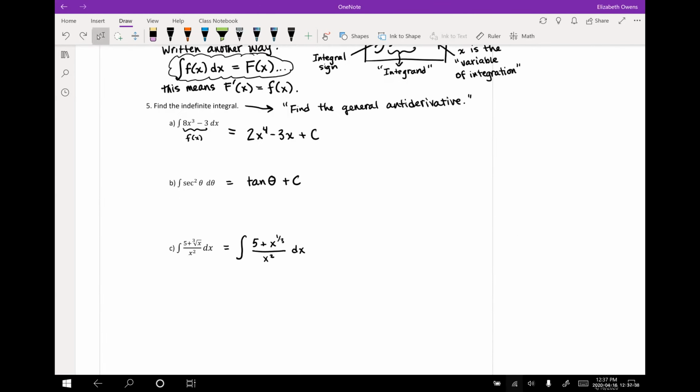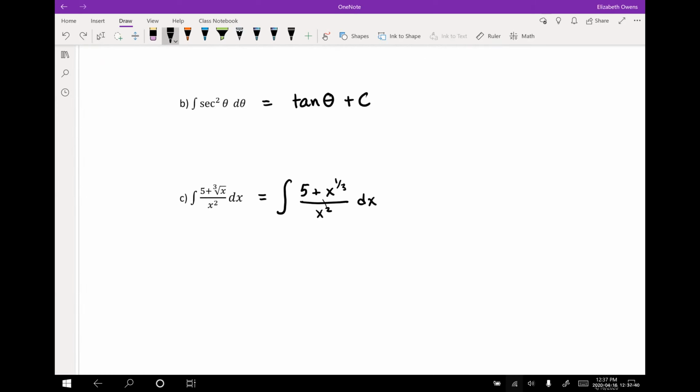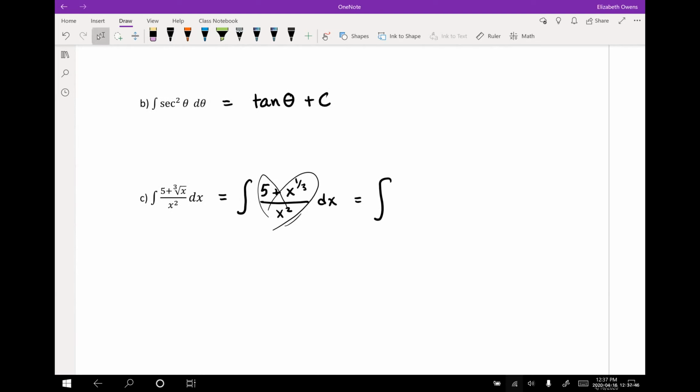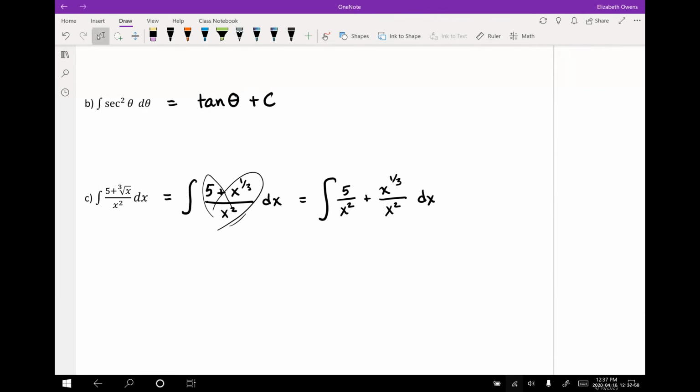Okay, so algebraically we'll simplify this by splitting up our fractions here. Keep that integral sign. We haven't done the antiderivative yet. 5 over x squared plus x to the 1/3 over x squared dx. And then we can simplify those powers of x a little bit.